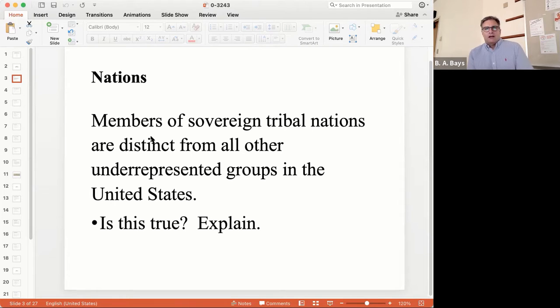So that's one way that Indian nations and members of federally recognized Indian tribes, and also non-federally recognized Indian tribes and state recognized Indian tribes, are different from all other underrepresented groups, whether they be racial, ethnic, what have you. None of those groups are partitioned off in the United States Constitution the way that Native American tribes are.